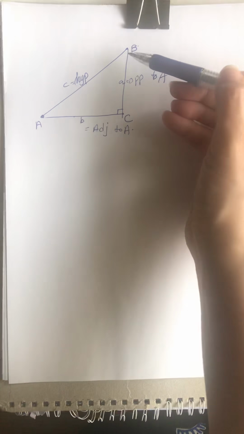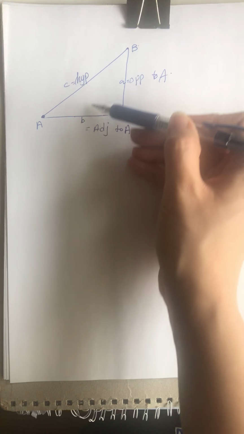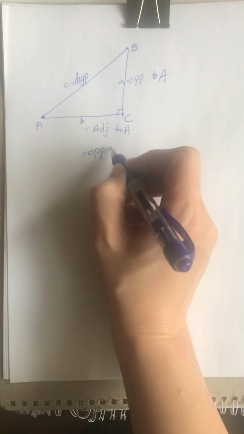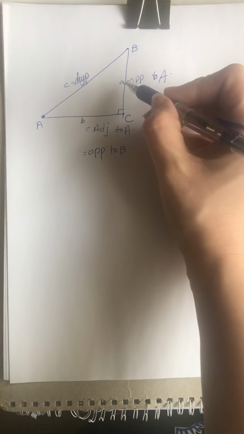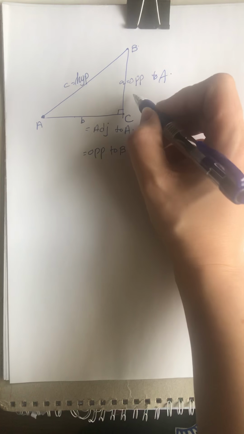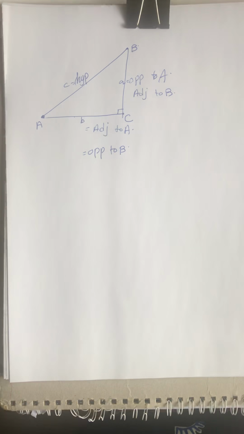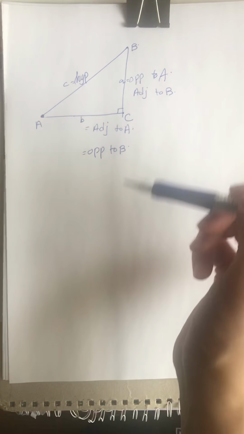On the other hand, if you look at B, the side right opposite to it, small b, is going to be opposite to B. And if you look at the side right beside it, small a, you see that that's adjacent to B. Trigonometric ratios are defined based on the ratio of these sides, each two of them.